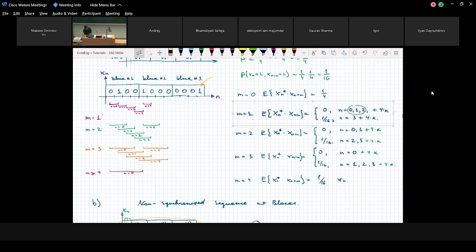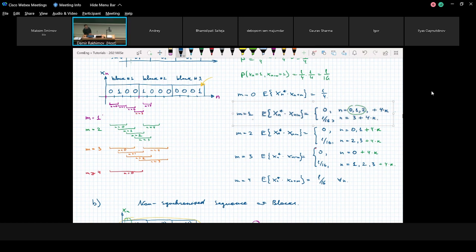You have 4 different cases: n equals 0, n equals 1, n equals 2, n equals 3, and n equals 4 is the same as n equals 0. Then what in average will be the probability that you observe it in one case out of 4?